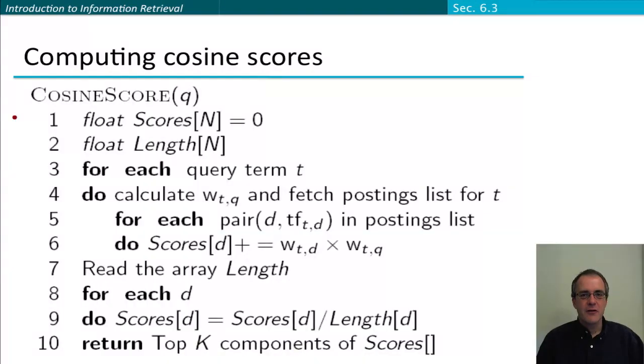Okay, now let's go through how we can work out cosine scores in a vector space retrieval system for a document collection. This is the rough kind of algorithm that we're going to want to use. We're going to assume that the query is a typical short web-like query, so we're only thinking of the words as either occurring or not occurring in the query.